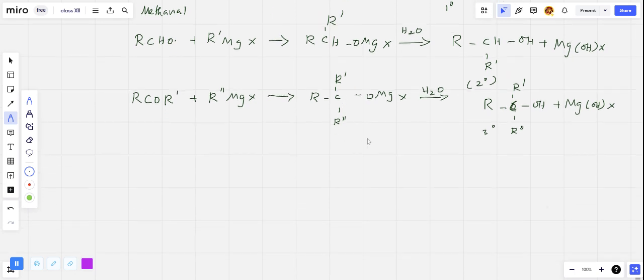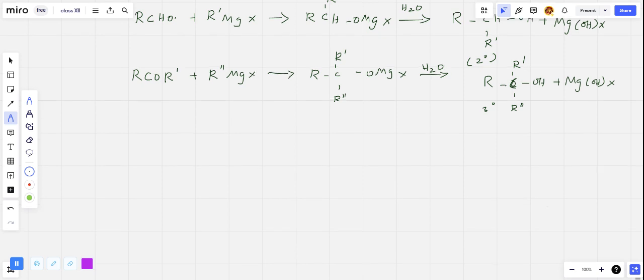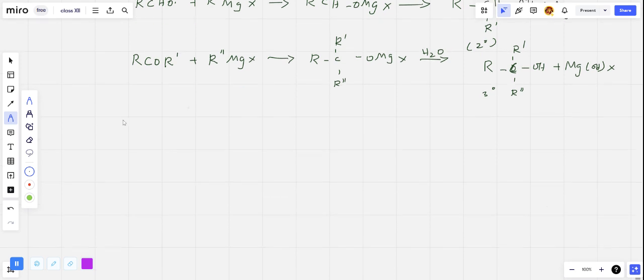So from Grignard reagents we are getting alcohols.